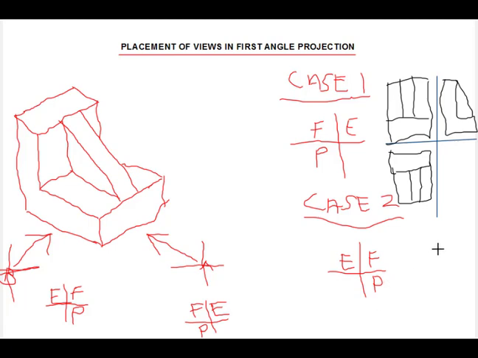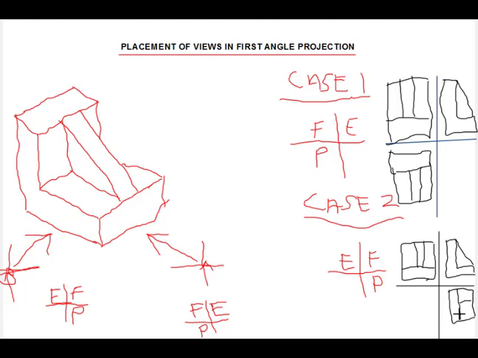For case 2, we'll have the front view, and then our end elevation will be drawn, and then the plan will be drawn in the 4th quadrant.